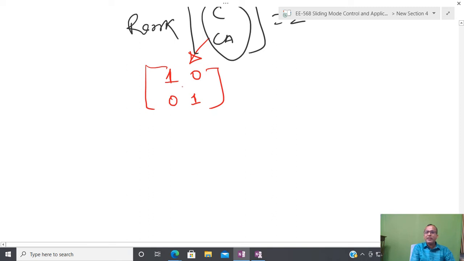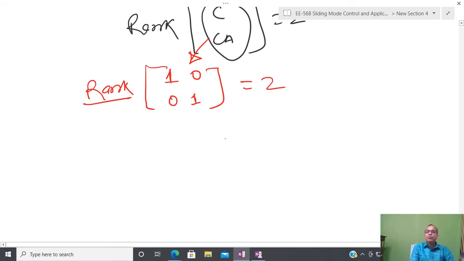Do you know how to calculate the rank of any matrix? Ruchi, could you please comment what is the rank of this matrix? Sir, 2. So Kartikeya, please revise how to calculate the rank of a matrix.